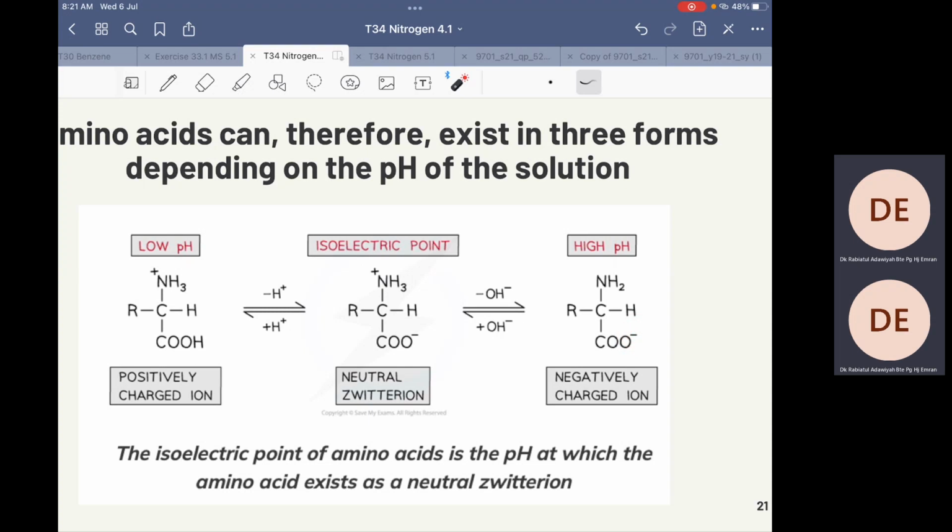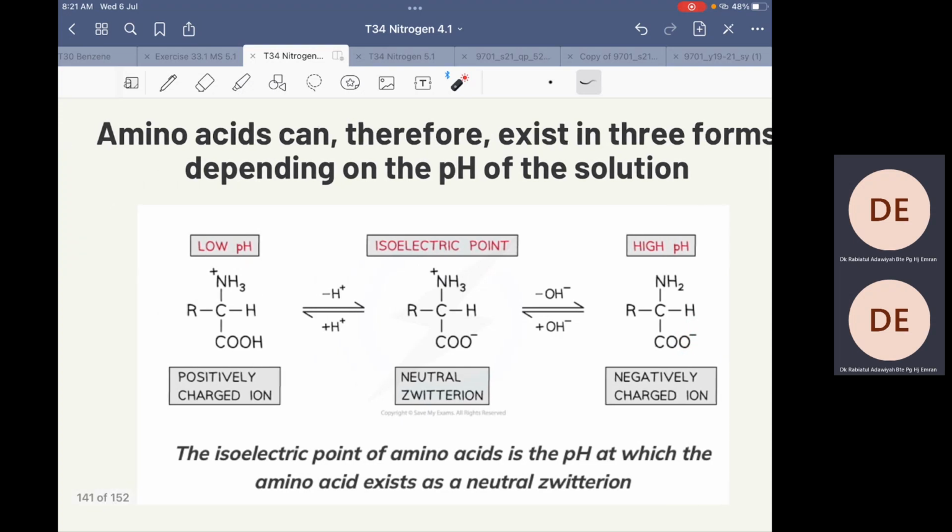Okay? Remember the word just now I said, isoelectric point? Okay, so just highlight. Isoelectric point means it is the pH at which amino acid exists as a neutral Zwitter ion. So that's the definition of isoelectric point.